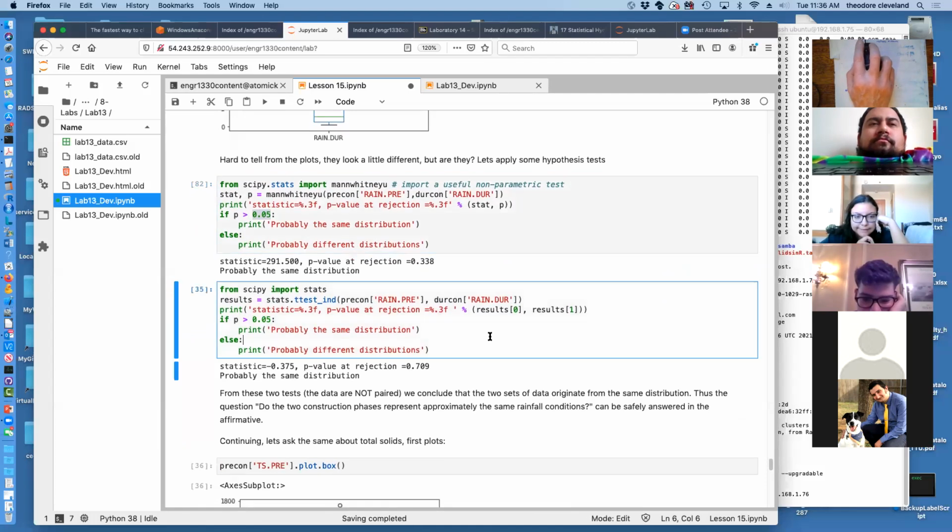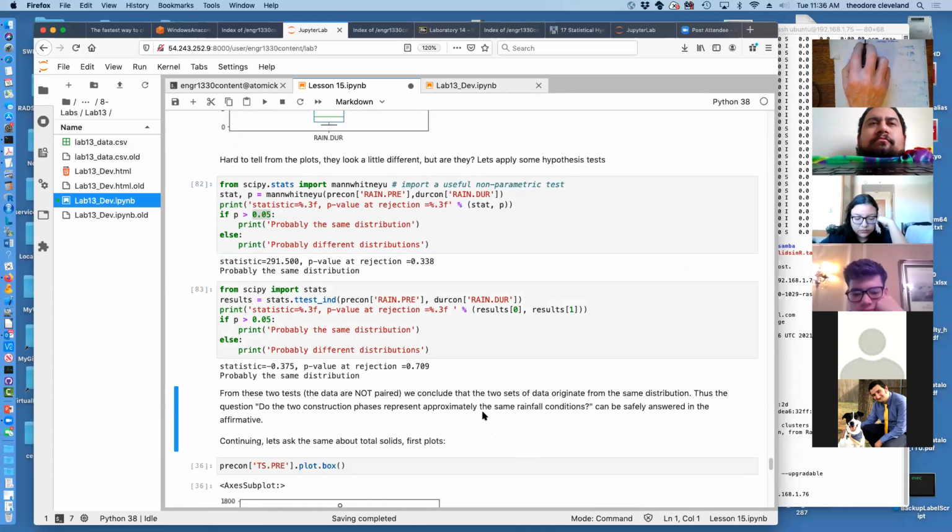There's not enough evidence that they're a lot different, so we conclude that they're not a lot different. We could also use a 2-sample t-test, assuming the data are normal. We've not tested for that. I can assure you from personal knowledge they're not particularly normal, but we'll just pretend they are anyway. And we get the same conclusion that they're probably the same distribution, but the p-value at rejection at this point is now completely absurd.